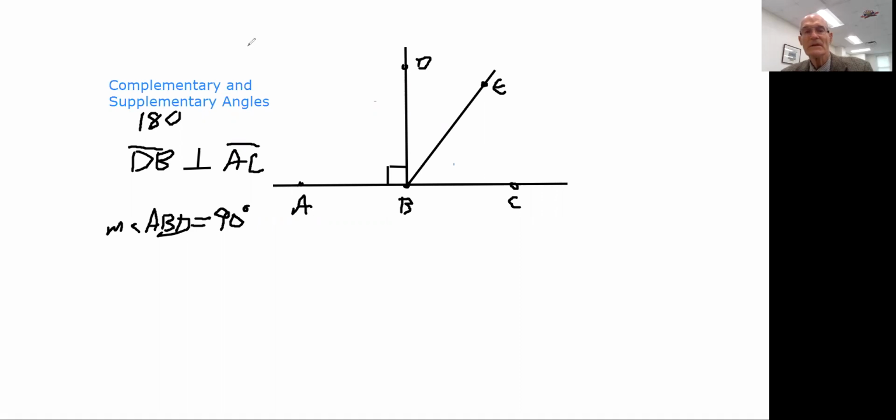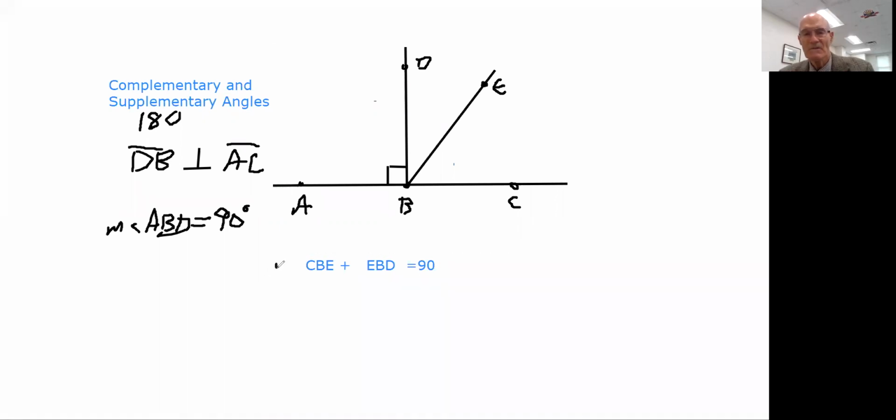We can say we have angle CBE plus EBD equals 90 degrees.